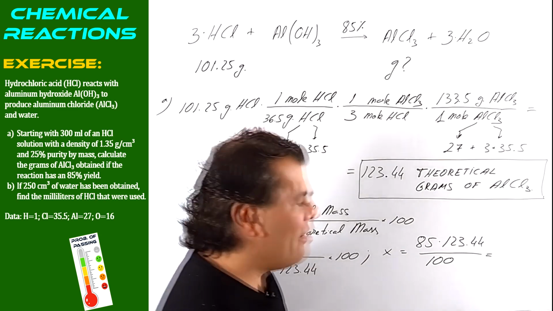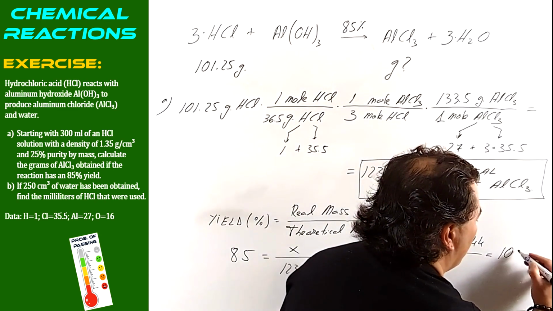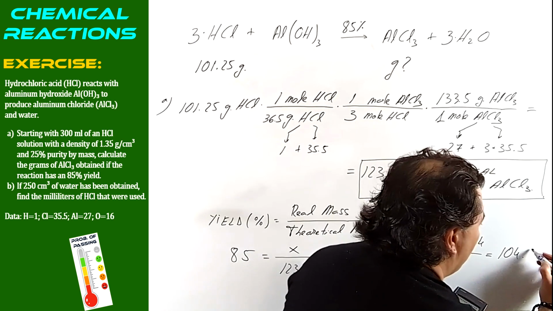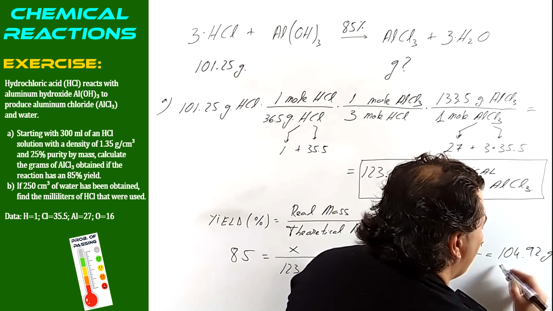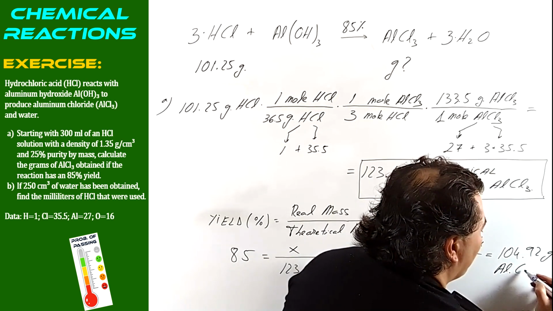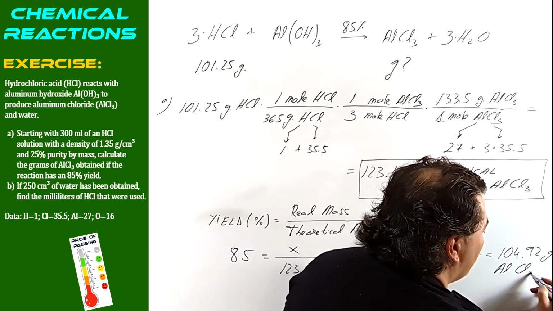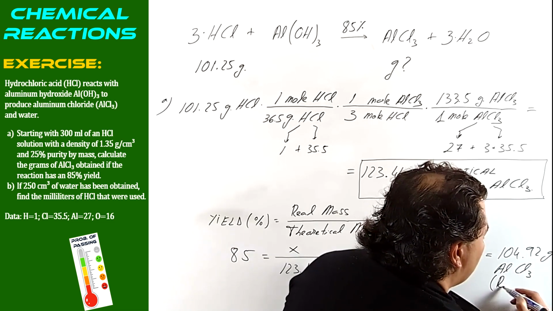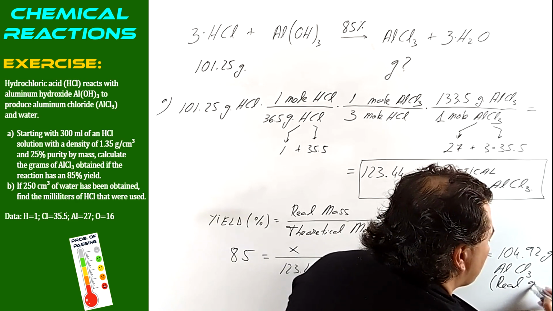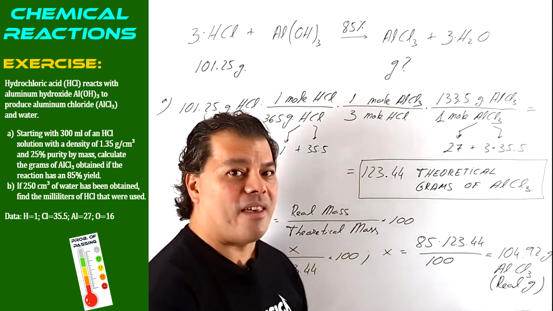We will obtain 104.92 grams of aluminum chloride. And these are real grams of this substance.